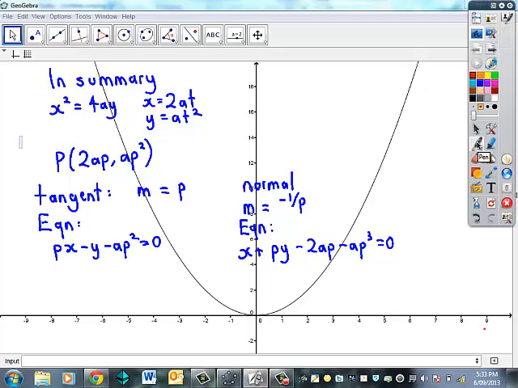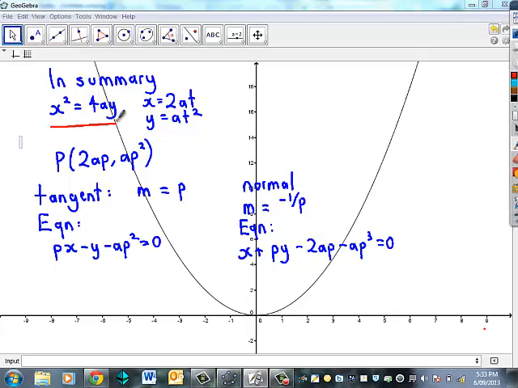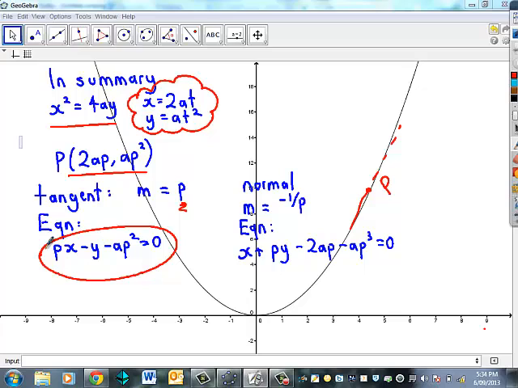So, in summary, we can describe a parabola using a Cartesian equation or as a pair of parametric equations. We can describe a point on the parabola in this way using the parameter p, (2ap, ap squared). The gradient of the tangent drawn at the point P is given by just the parameter p, and the equation of the tangent drawn at P is given by this relationship here in general form, but we could also give it in y equals mx plus b form.